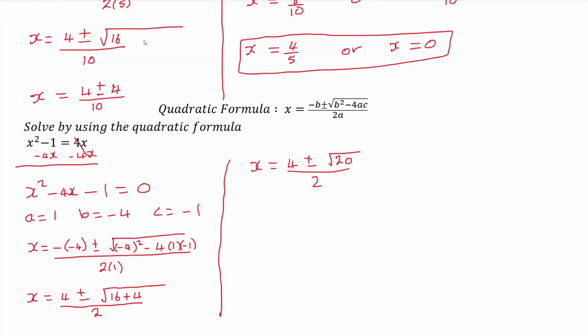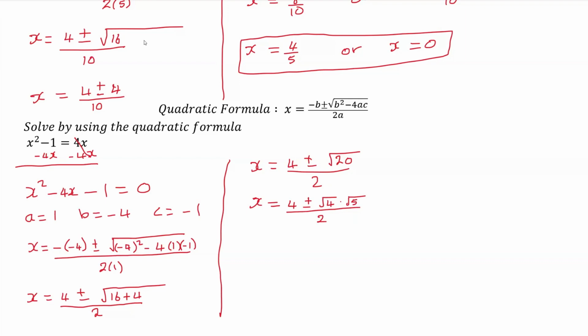So if we write 20 as 4 times 5, then we can take the square root of 4. Square root of 20 is the square root of 4 times the square root of 5. So here you can say this is the square root of 4 times the square root of 5, right? Because 4 times 5 is 20 over 2.